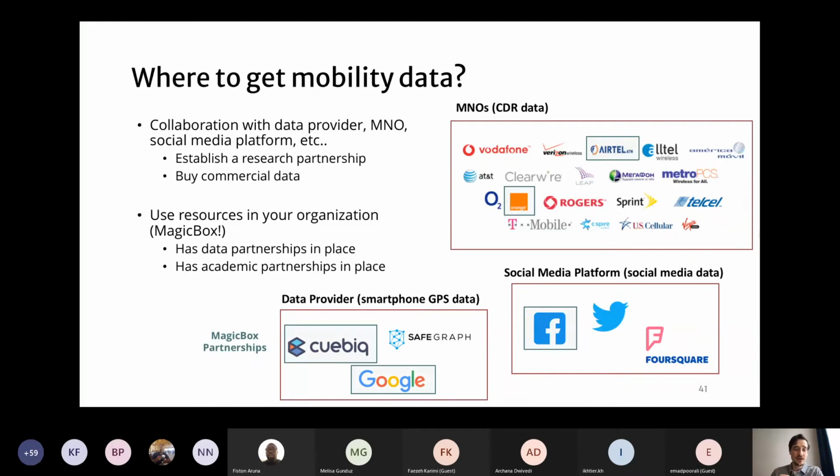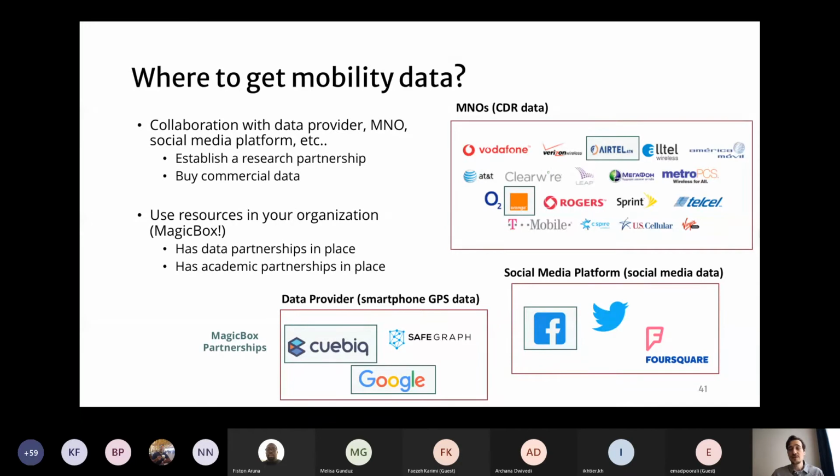Or specifically in the context of Unicef, you can also use the resources that already exist in your organization, which would be to reach out to the Magic Box team, which already has data partnerships in place. I've just highlighted some of the providers that I know partnerships exist with, but there are many more.